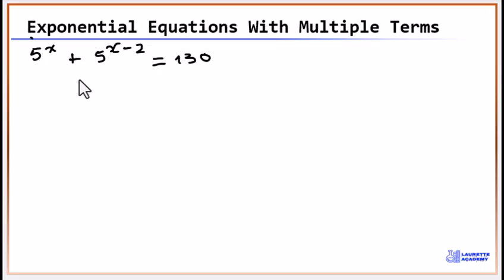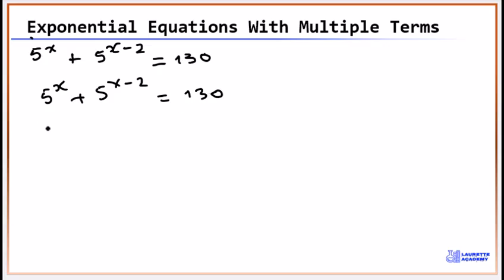Okay, let us look at this second example. 5 to the power x plus 5 to the power x minus 2 is equal to 130.